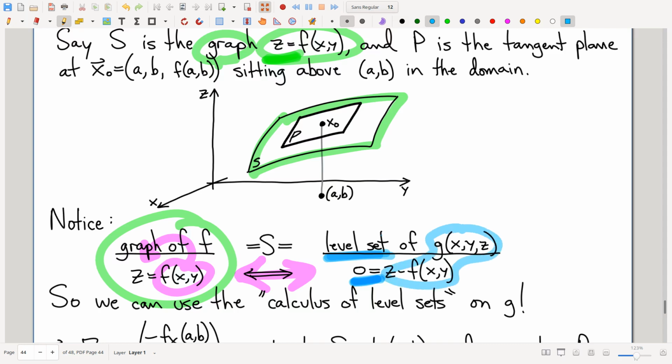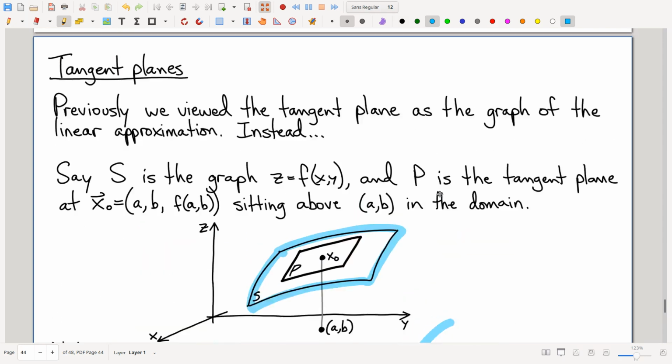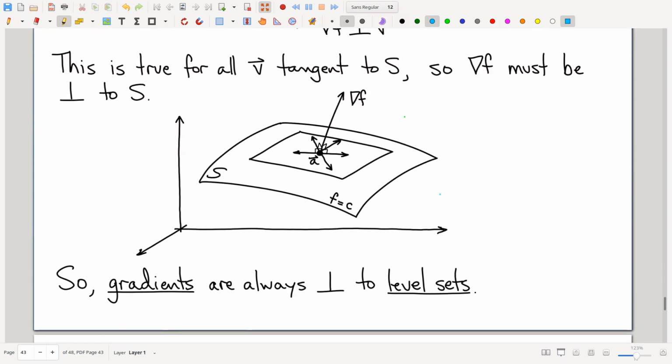So I don't have to think of this as being a graph and take a graph point of view and use the calculus of graphs. I don't have to be all graph heavy on it. Instead, what I can do is just reinterpret it now as being a level set. It is a level set of this new function g. And once you understand it as a level set, well, we have ourselves a pretty powerful tool here.